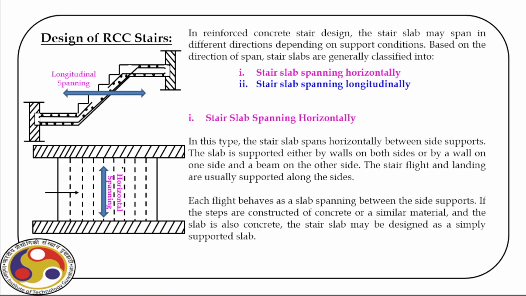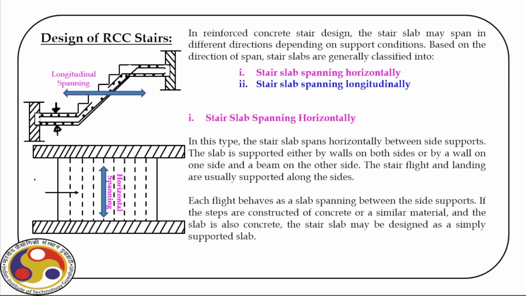As you can see here, we can have the slab. This is basically a concrete slab with steels embedded. Then this slab can span in 2 different directions.